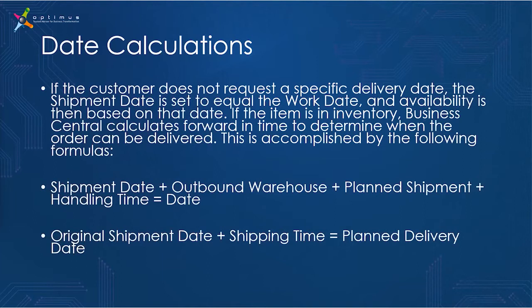My location is a warehouse, plus planned shipment, plus handling time, and then we get our result. Like I mentioned, those are just the formulations and specific fields required. Part of the webinar is to show you where this information is located so you can configure it as you wish. Now, original shipment date plus shipping time is equal to planned delivery date.